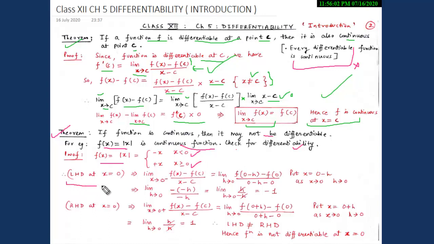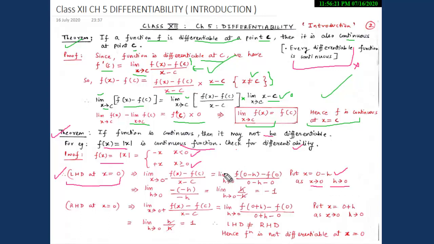So, to check it for differentiability, let us take the left hand derivative at x = 0. We can write limit x tends to 0 minus, (f(x) - f(c)) / (x - c). Here, student, in place of x we will put 0 - h. As x tends to 0, h also approaches 0.